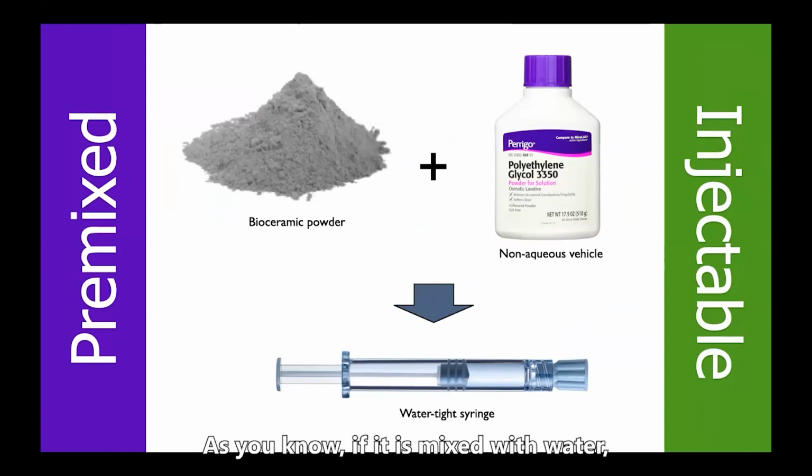As you know, if it is mixed with water, it will be set before the use. Now, we can call this type of material pre-mixed or injectable, and it is very useful for application even into a very small space such as the root canal system.